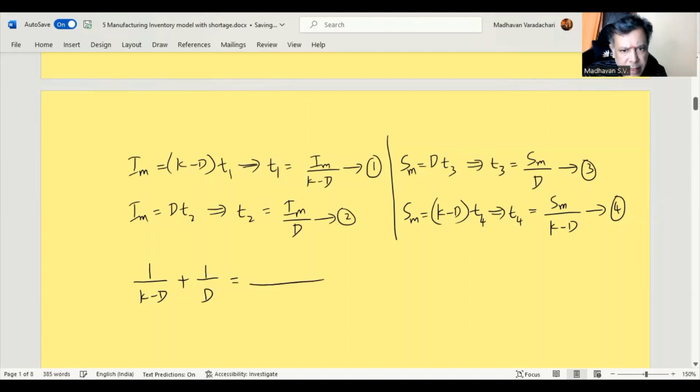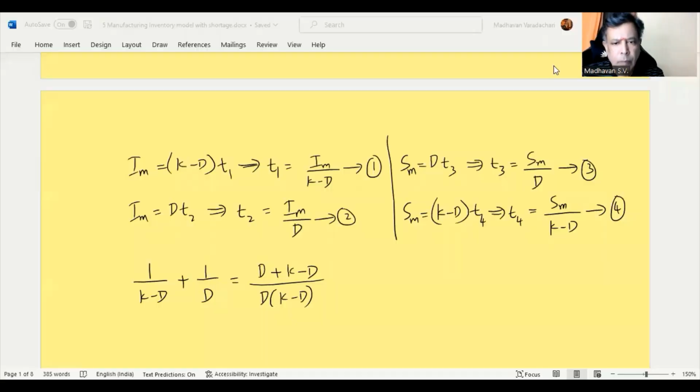If we do that, the LCM is D times K minus D, which means here we will have D plus K minus D. So here this D and D gets cancelled.